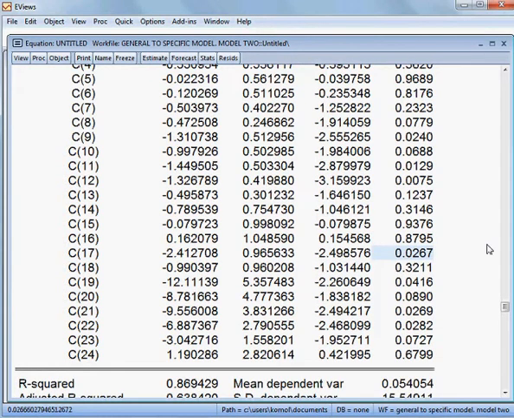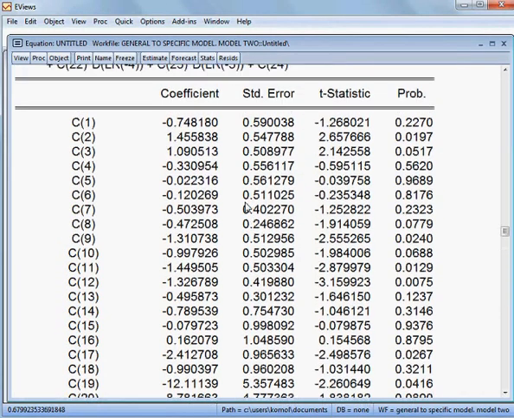C18 no. C19 yes, significant, so I shall be keeping C19. C20 yes, significant. C21 significant. C22 significant. C23 yes, significant. C24 is not significant, so I shall not be keeping C24.